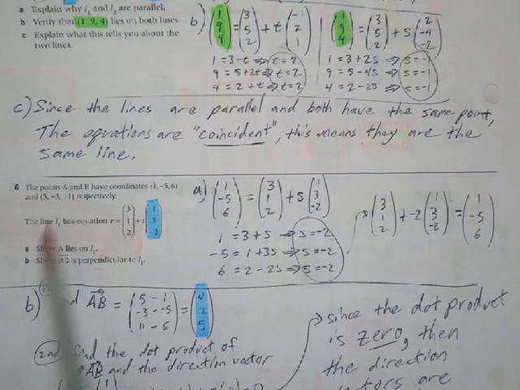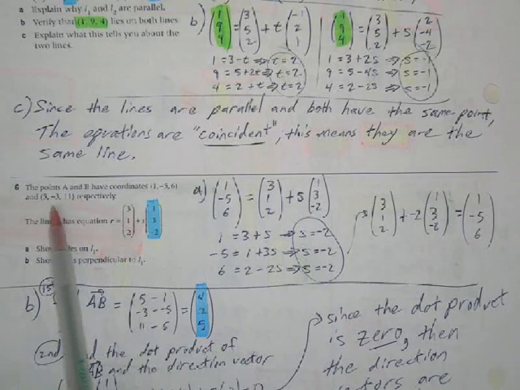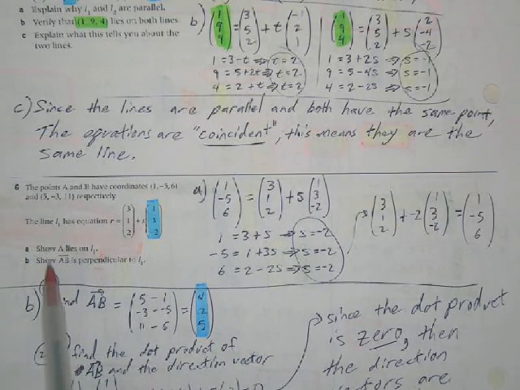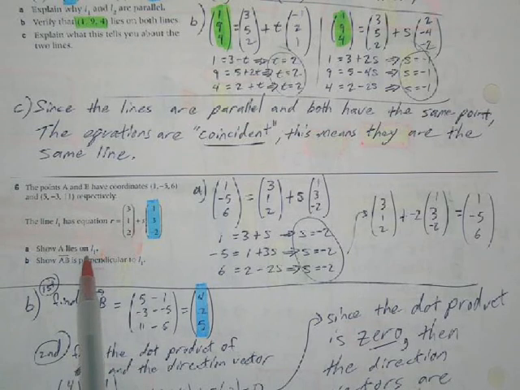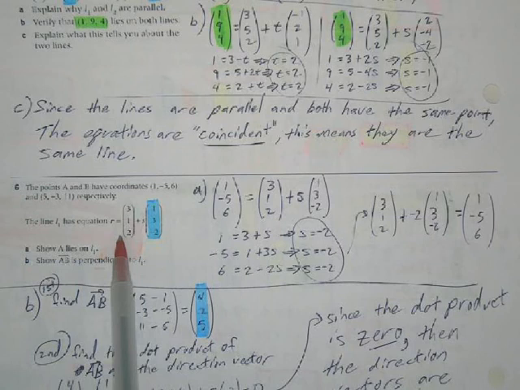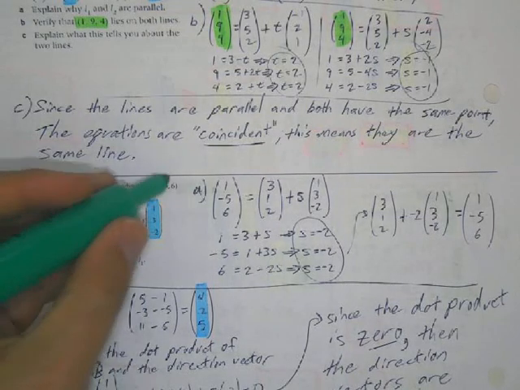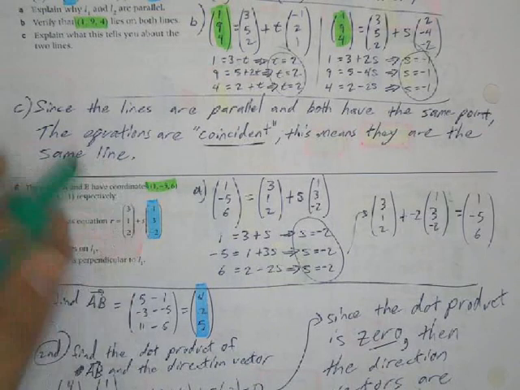Okay, so we've got point A and point B. Show that A lies on this equation here. So I've got A is 1, 5, negative 6.